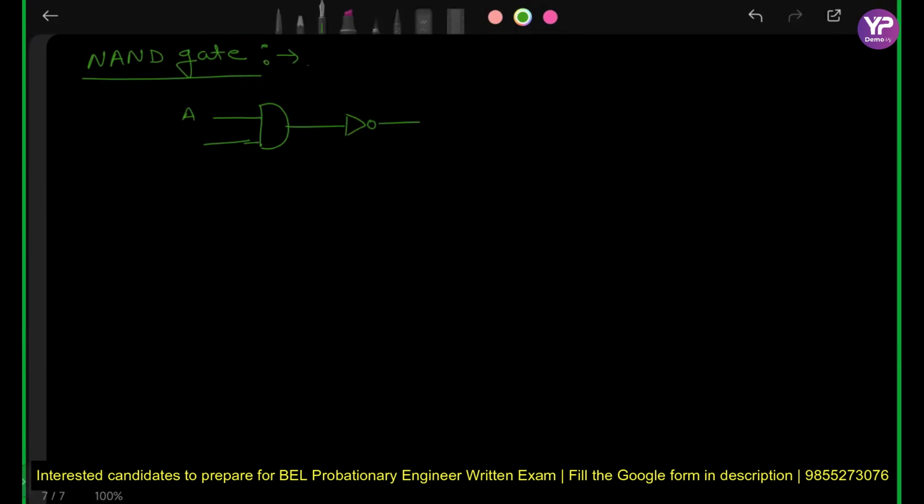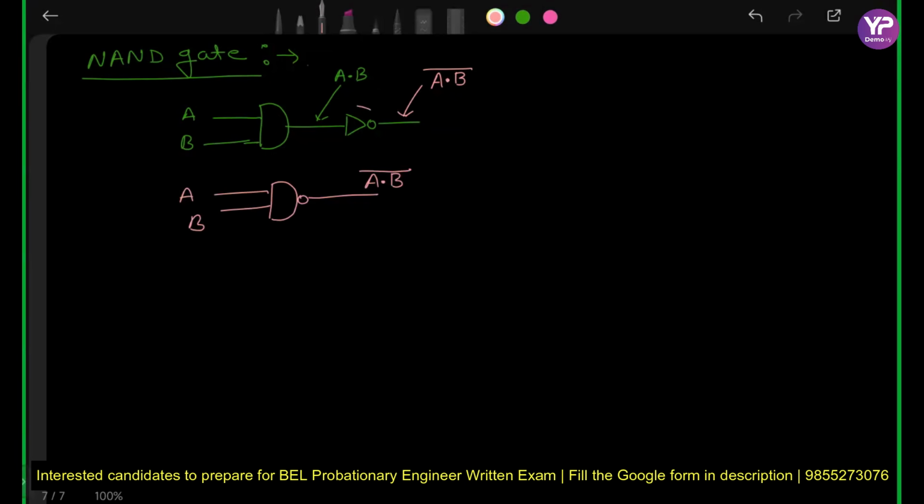So it is A, B. What we are getting here is A and B, and at the output we get A and B complement. Generally the circuit symbol for the NAND gate is represented like this: A, B, and the output will be A and B bar.